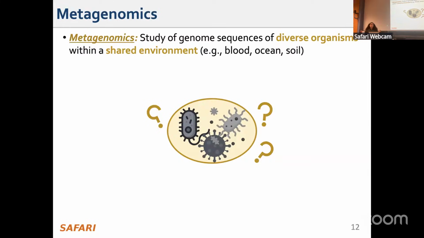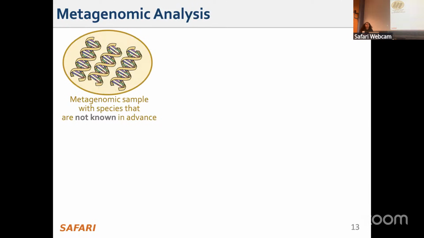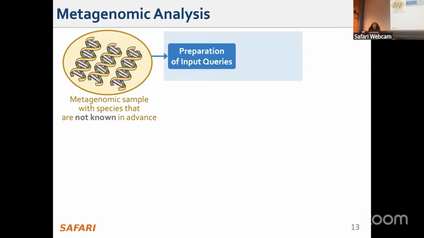Since we do not know what is in the sample in advance, what we actually need to do is to figure out what are the species that are present. And to do that, let's now consider some of these genomic sequences here. At a high level, these three key steps are more or less what happens in many metagenomic analysis tools.